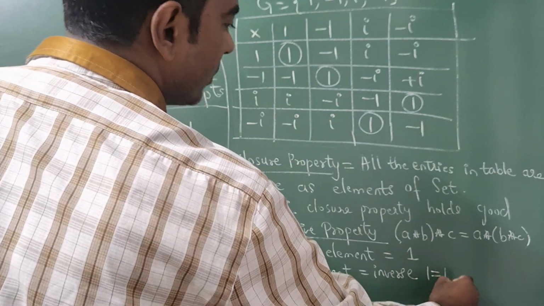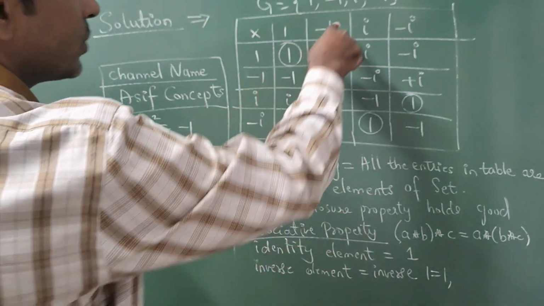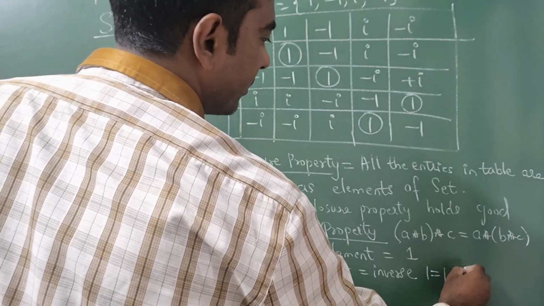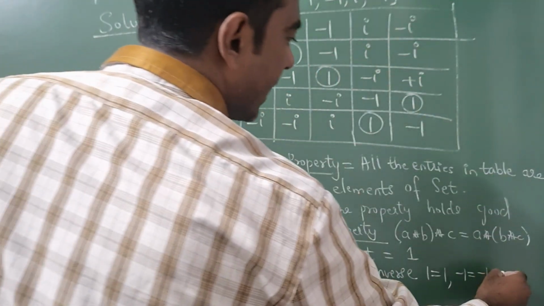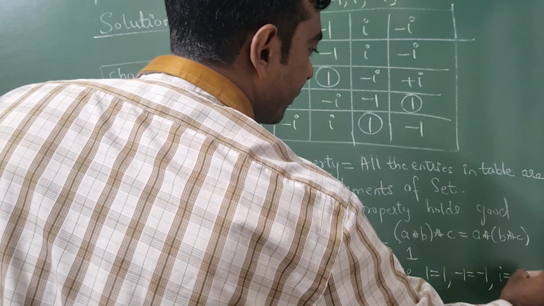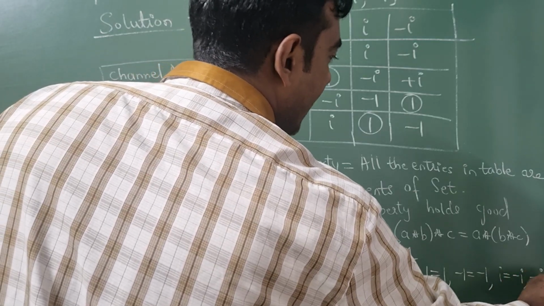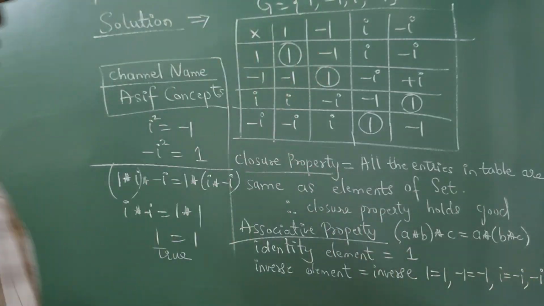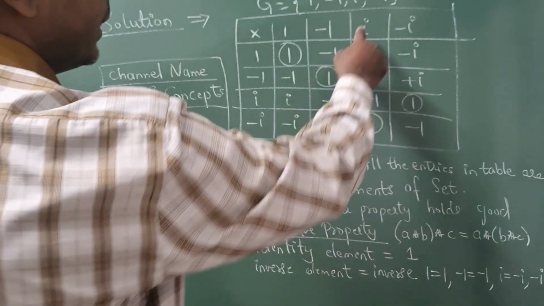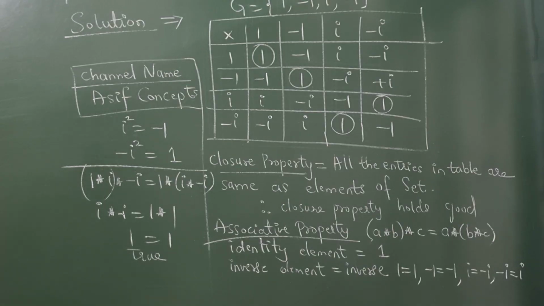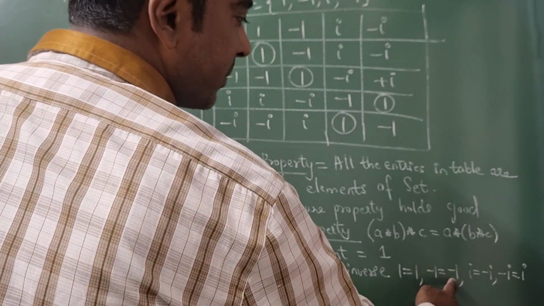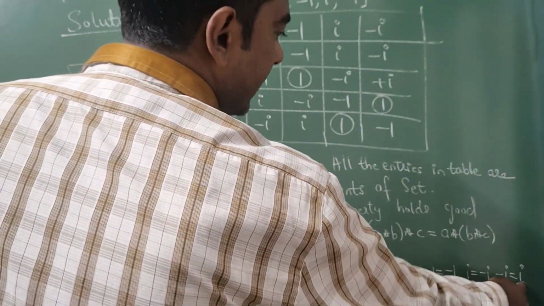Inverse of minus 1 is minus 1. Inverse of i is minus i. Inverse of minus i is i, so that we get 1 there.